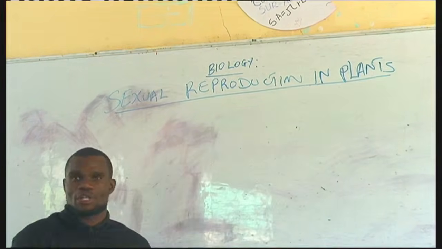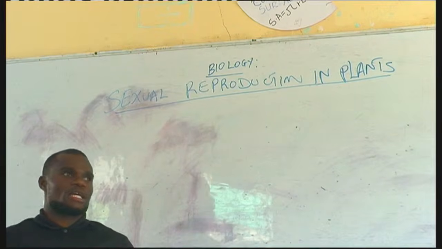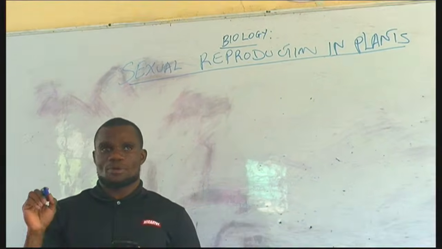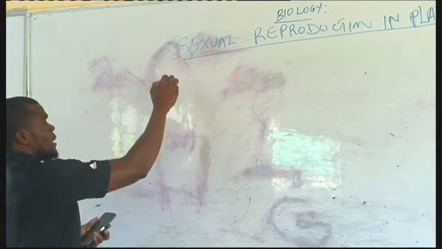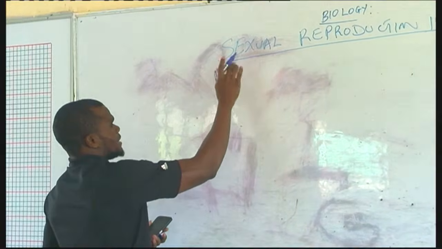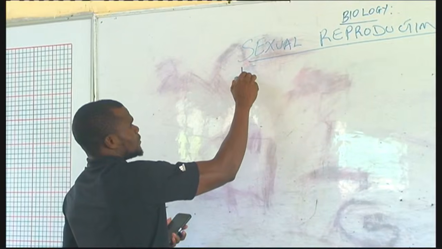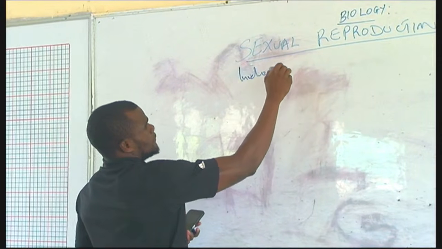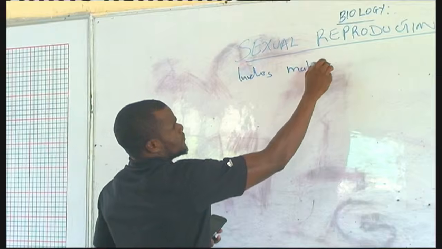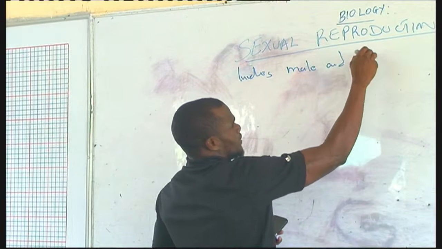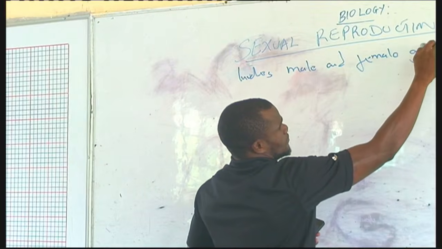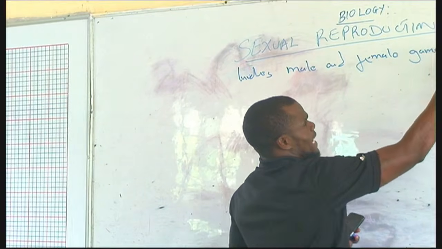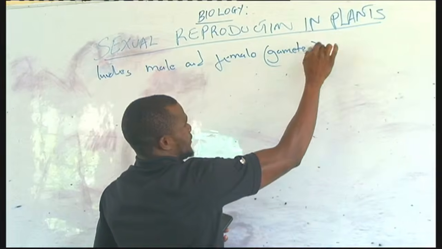When we talk of sexual reproduction, it involves the male and female gametes, or male and female nuclei.